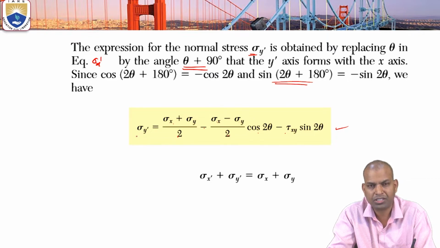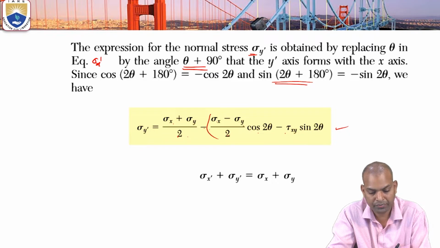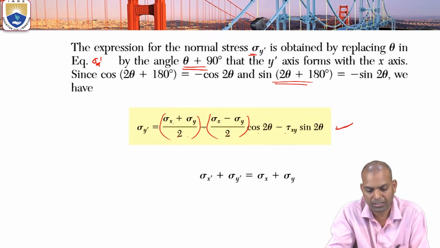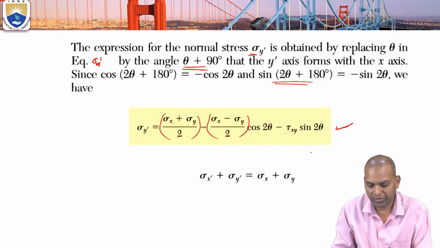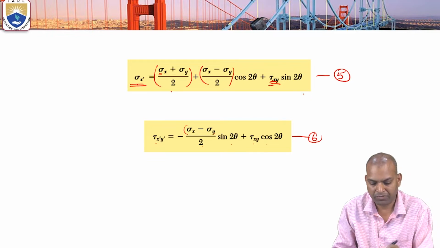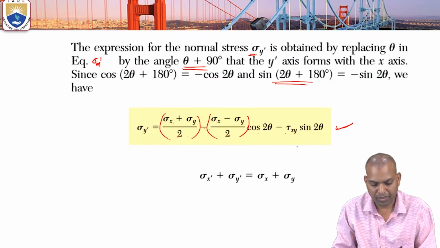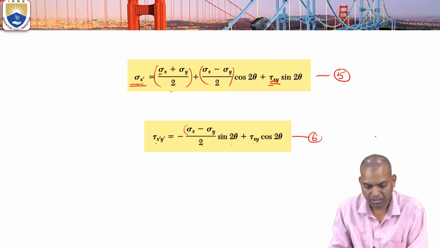Then sigma y dash equal to (sigma x plus sigma y) by 2 minus (sigma x minus sigma y) by 2 cos 2 theta minus tau xy sin 2 theta. Now this is the equation: sigma x dash is equation 5 and sigma y dash is equation 7.